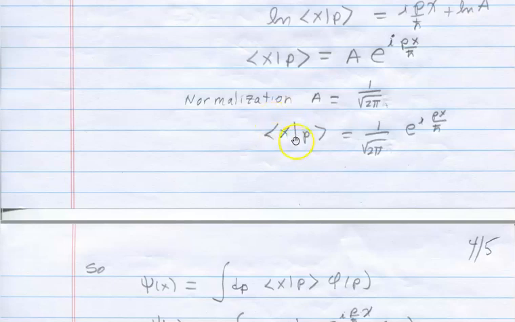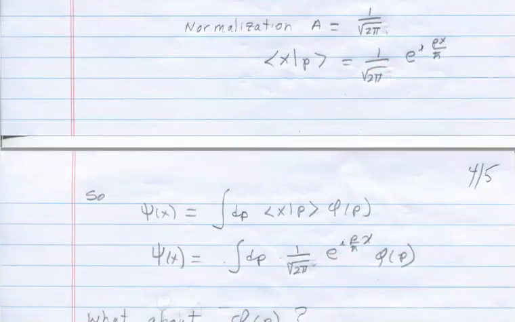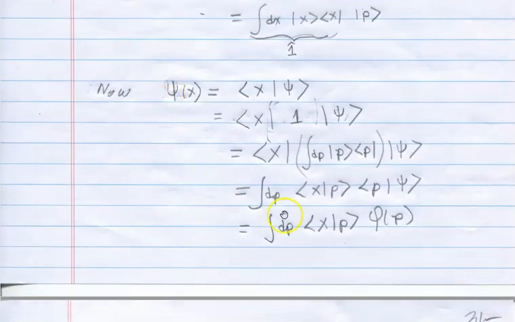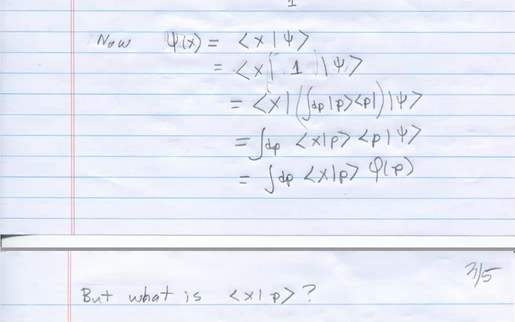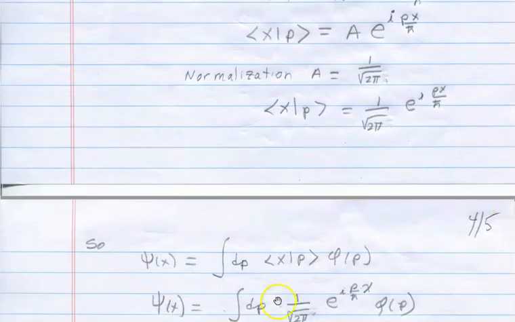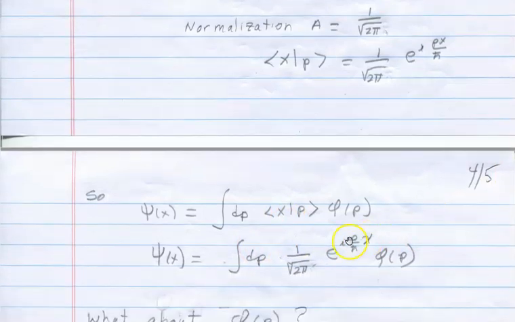So I found that bracket term, and so now I can write, the whole idea was we had this expression up here that psi was equal to this bracket term times the momentum wave function, and I needed to find what that was. Let's now plug it back in. So there's our expression, and then I plug it back in.